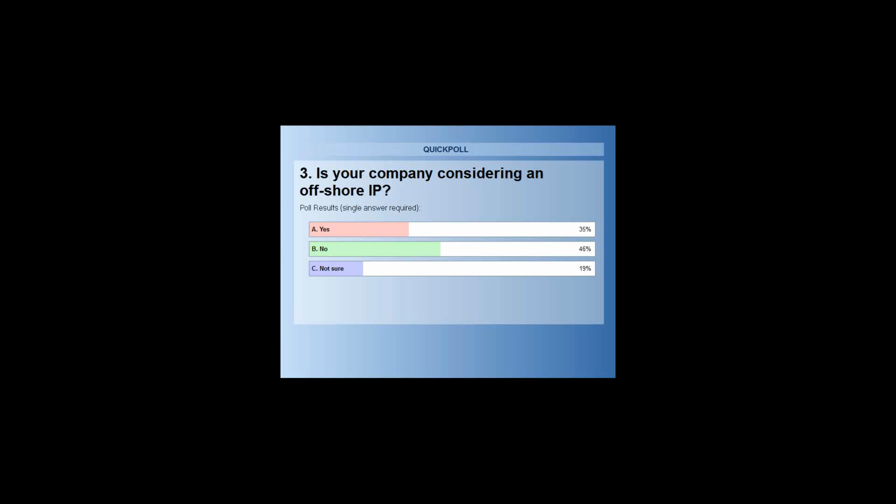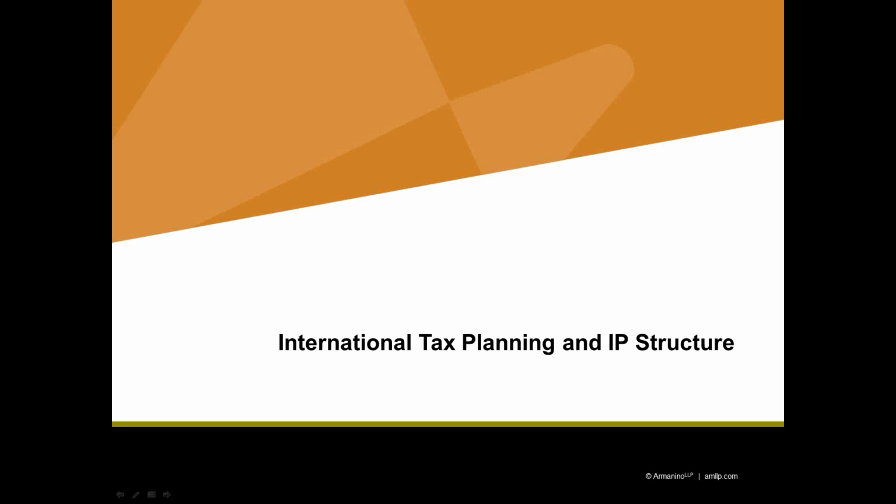All right. So it looks like about 35% yes, 46% no, 20% not sure. And we'll talk a little bit more around the benefits and risks associated with having your intellectual property, the economic rights to exploit it, offshore. And that's one thing I just want to talk about as we move into this: what is an international IP structure?